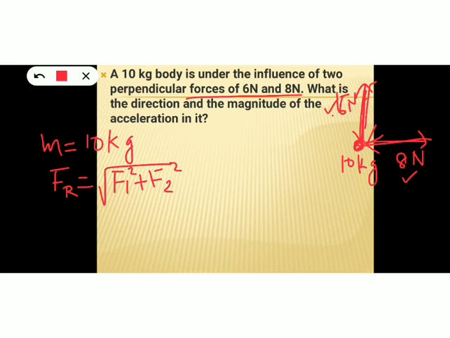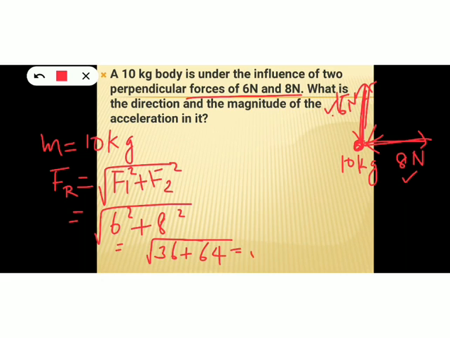Like this you can find out the magnitude of resultant force when two vectors are acting in the different directions, and equal to square root of, what is the first force? 6 square plus second force is 8 square. So we will get square root of 36 plus 8 square is 64. That is square root of 100. Square root of 100 is 10. So 10 Newton is the resultant force.